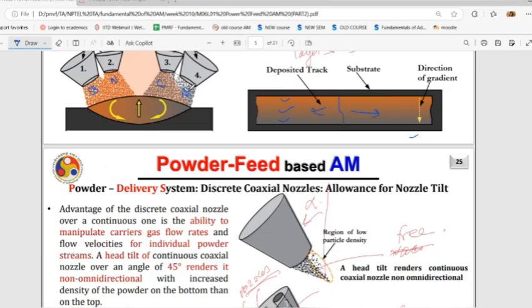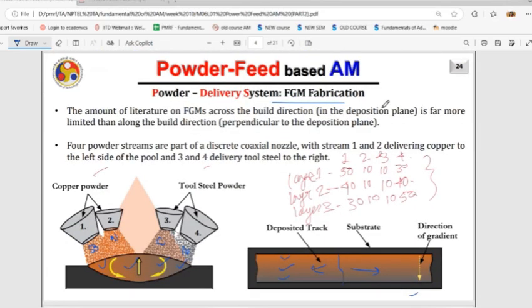And these four make a functionally graded material where in this portion nickel is more, in this portion copper is more, in this portion aluminium is more, and in this portion SS is more. So when developing the bead itself, we can control the powder feeders in such a way that the powder gets mixed together, but at some portion some metal is more. Depending upon that, we can get different properties in the whole part. That is how you can print FGMs.